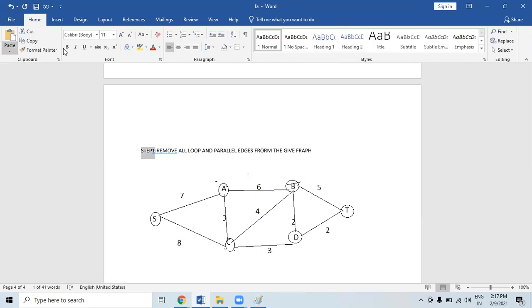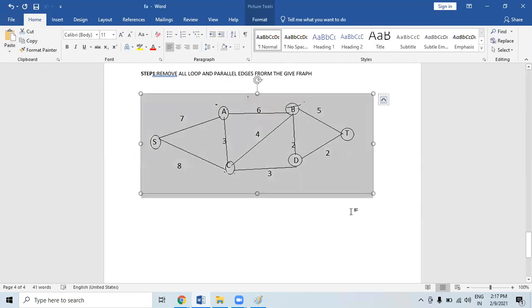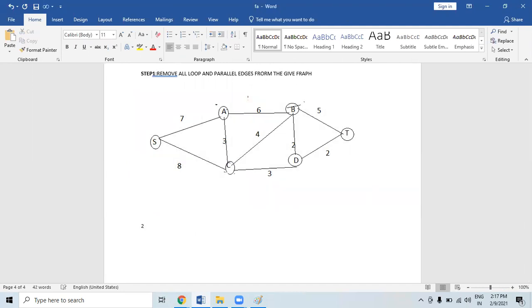Now let's see the next step. The second step is: arrange all the edges in increasing order.